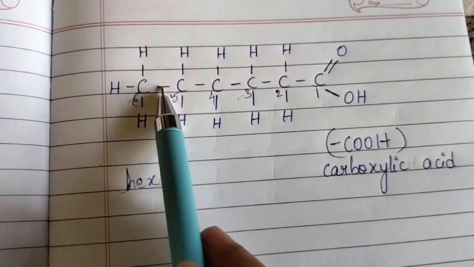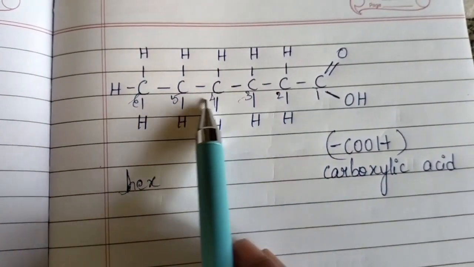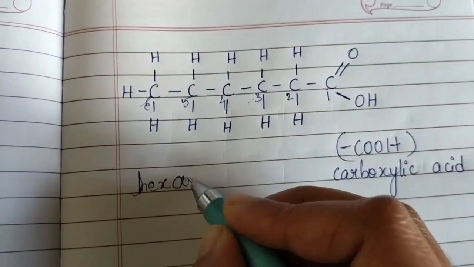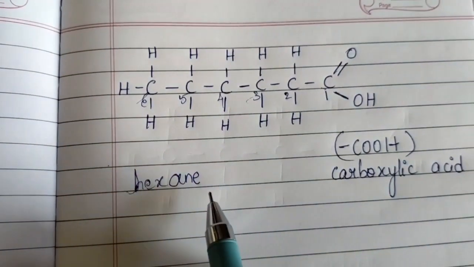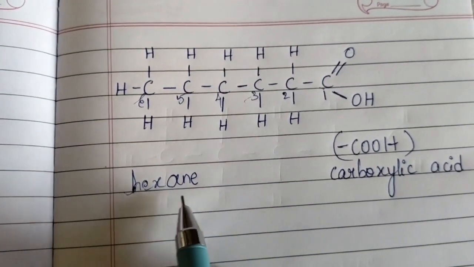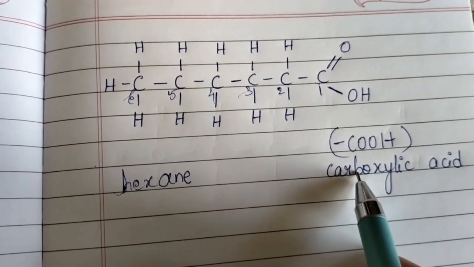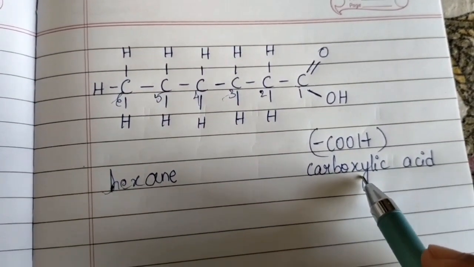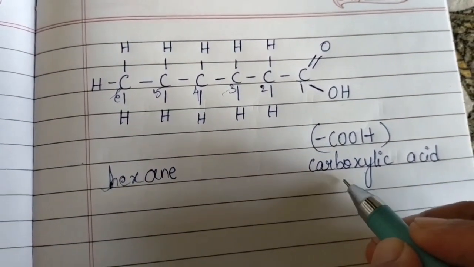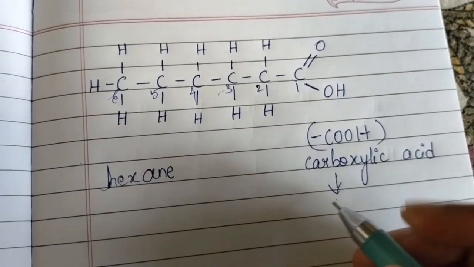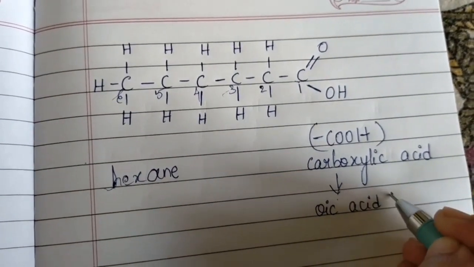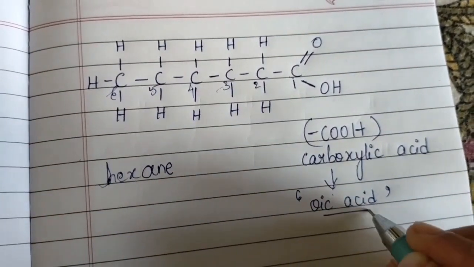Since there are no double bonds or triple bonds here between the carbon atoms, it will end with ane. But is this the right name? No, because we have a carboxylic acid functional group here. So when the carboxylic acid functional group is present, what should be the suffix used? It is oic acid, right? The suffix used must be oic acid.